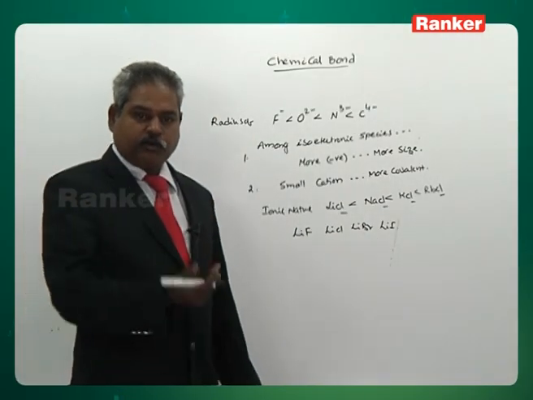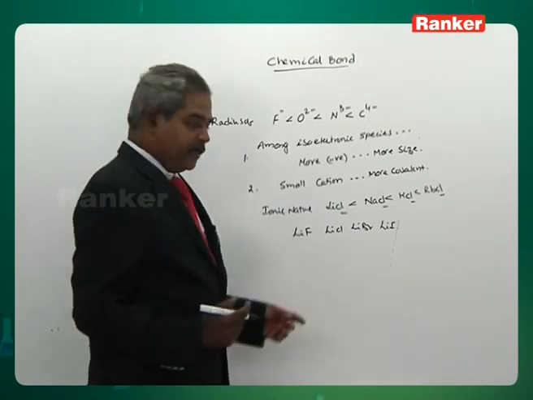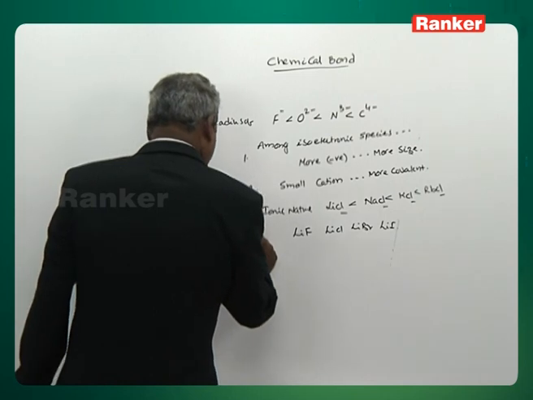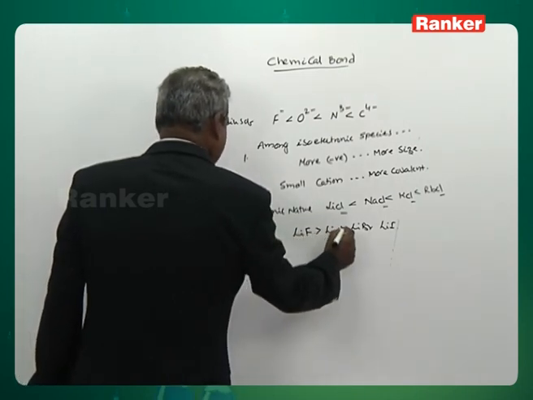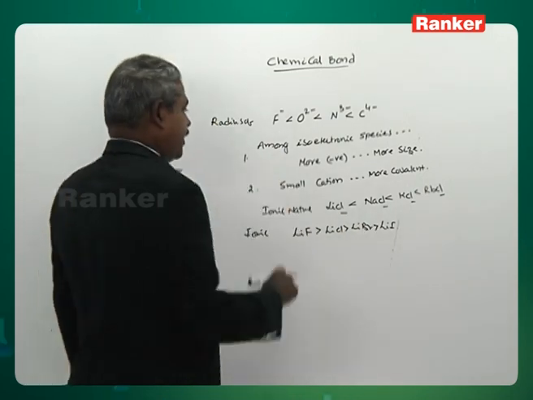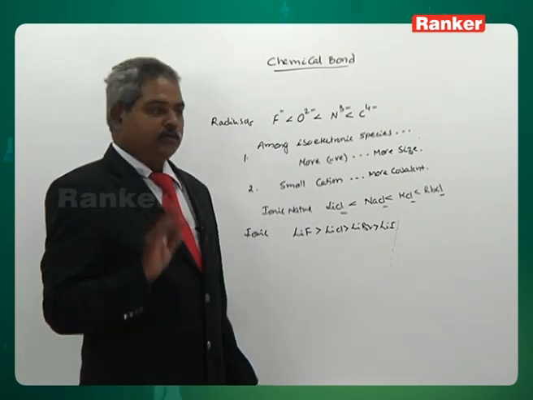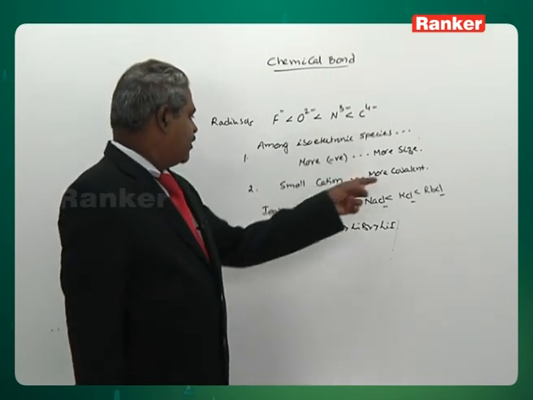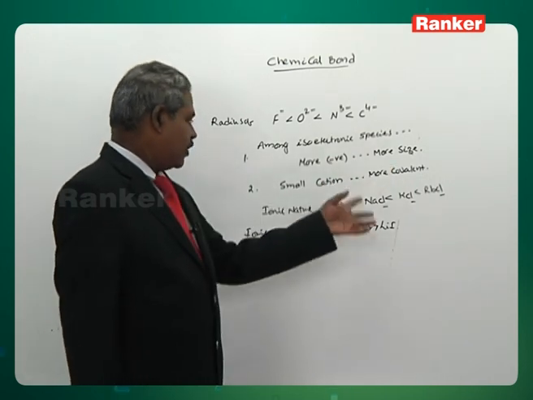Lithium being small, it also wants to take the electrons back, but F minus doesn't give that easily. Therefore, fluorides are more ionic than chlorides, because small anion, more ionic. Therefore, F minus is more ionic.